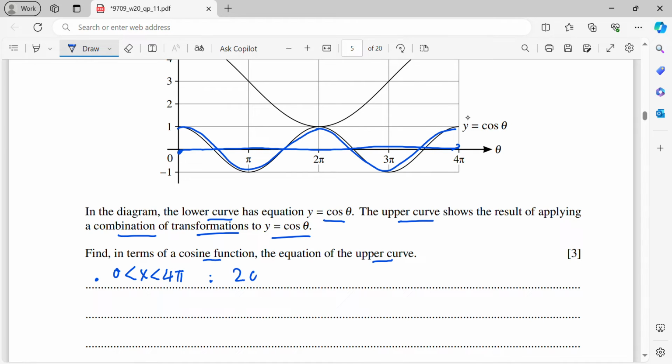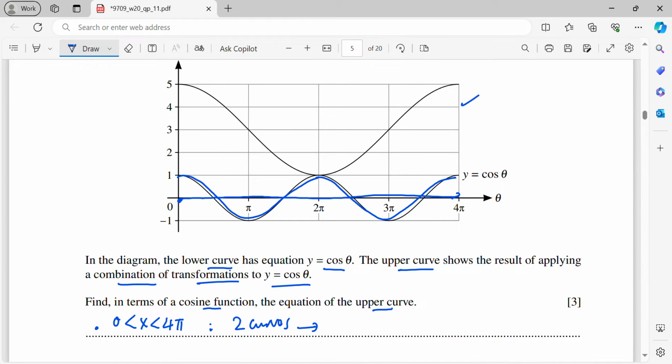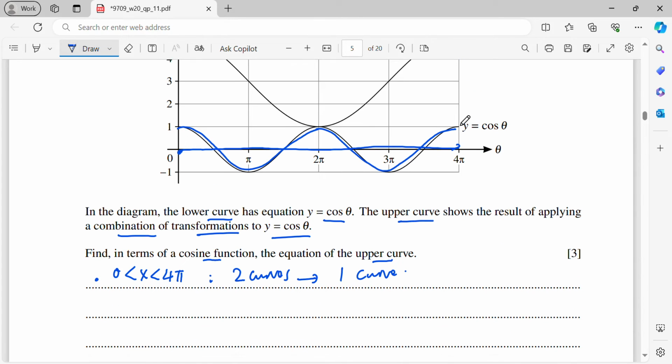Two curves for the original graph, and then it changed to just one graph for the upper graph. So 1. That means my upper graph is half of the original graph, because from 2 to 1. So which means I will be getting cos half theta.